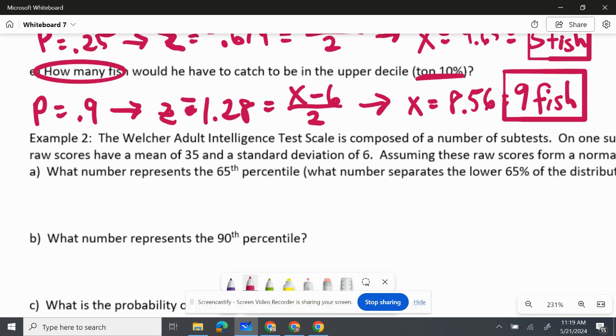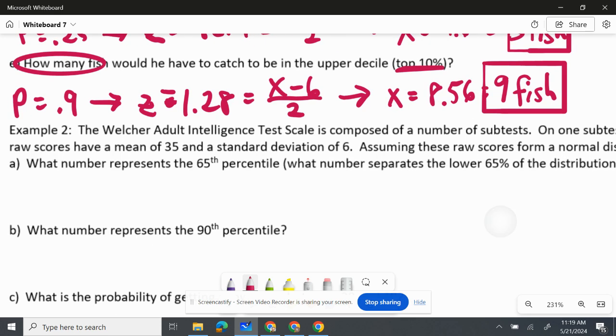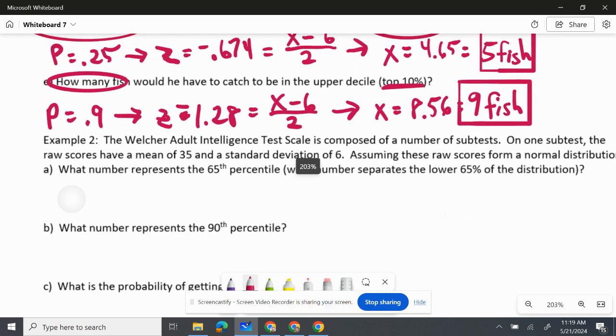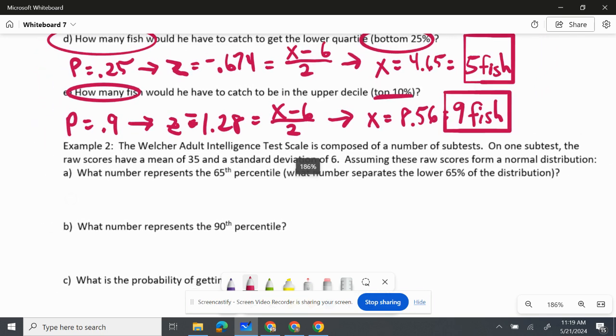This time what we have is an intelligence scale, and the intelligence scale has a mean of 35 and a standard deviation of 6. So we're going to find the 65th percentile. That means the probability is 0.65. And so we're going to find the z-value.